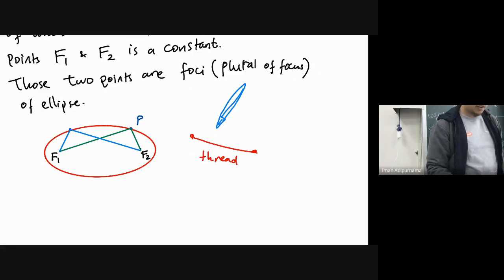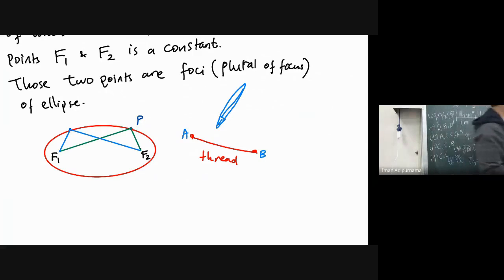You can fix this point A, point B, and then you can use this thread and pen to draw an ellipse. And it will be an ellipse. You can try it, very simple.